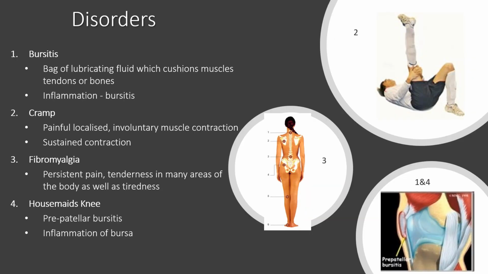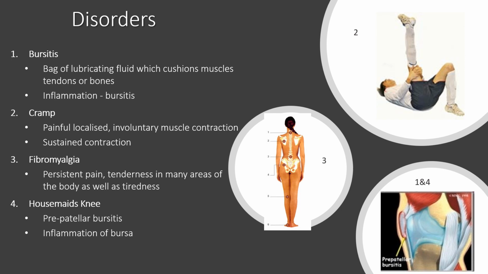Bursitis is inflammation of a bursa. A bursa is a cushion filled with fluid that cushions between bones and the tendons, between bones and muscles. You find them all over the body, and any of them can become inflamed and painful, and that would be a bursitis.